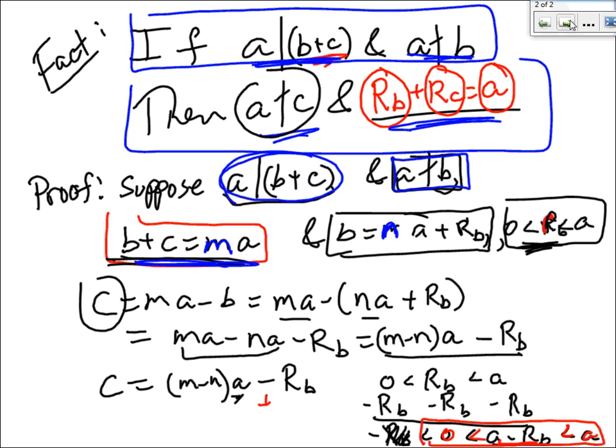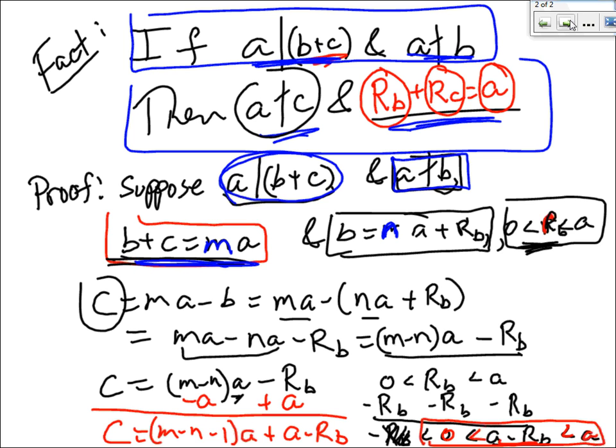So I'm going to add A here, and I'm going to take away 1 A from there. So C is M minus N minus 1 A's plus A minus RB, where that's my remainder. So let me just get rid of this side work.